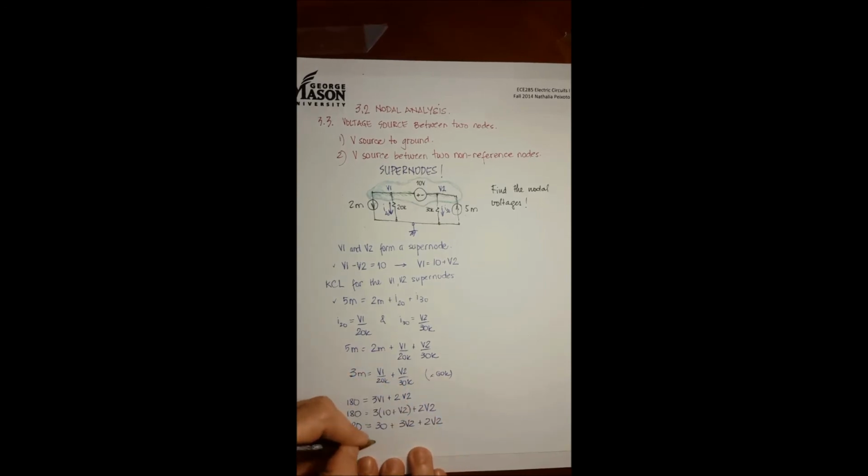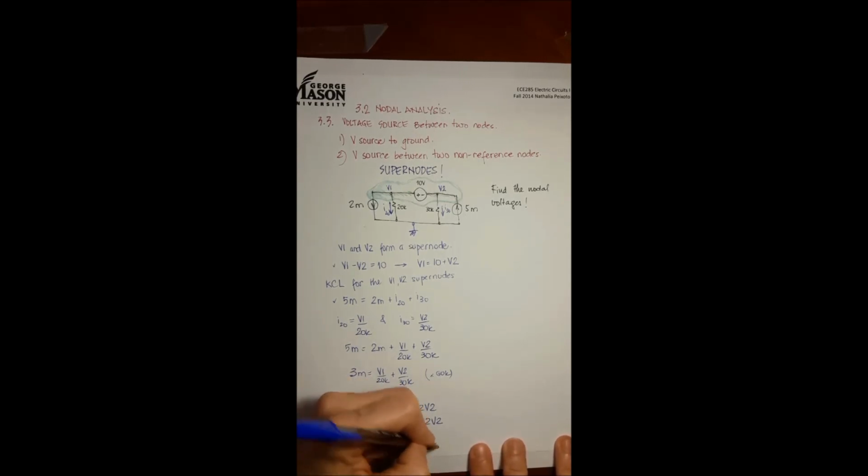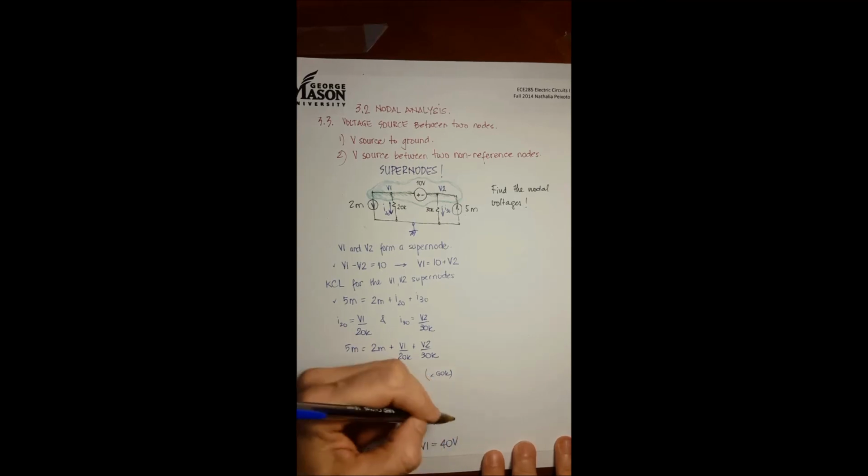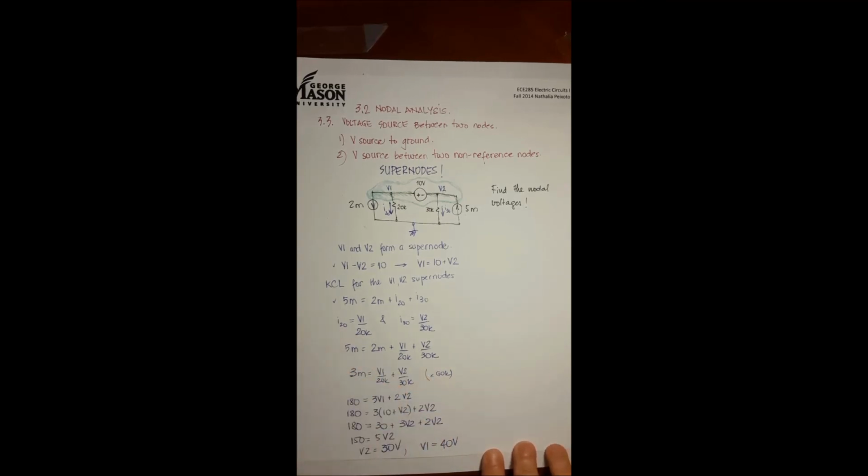Therefore 150 equals 5 V2. Therefore V2 equals 30. I hope you can see here, 30 volts. And therefore V1 equals 40 volts. So this is how you do a really straightforward supernode circuit. And next time I'll do a harder one.